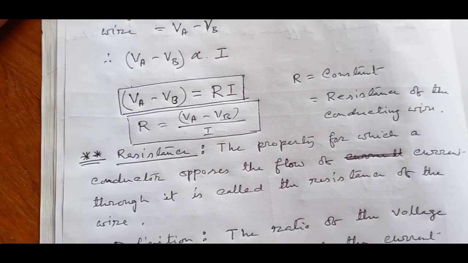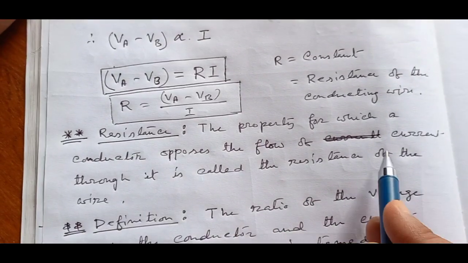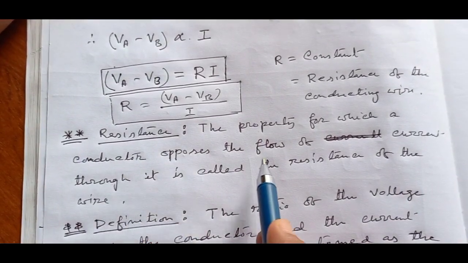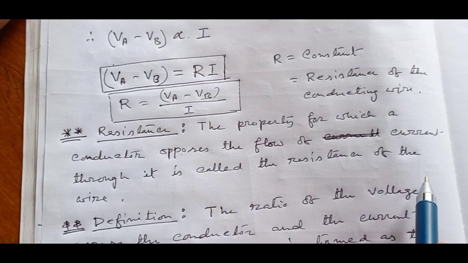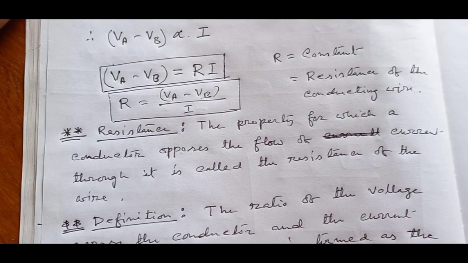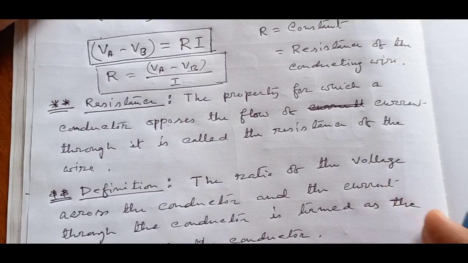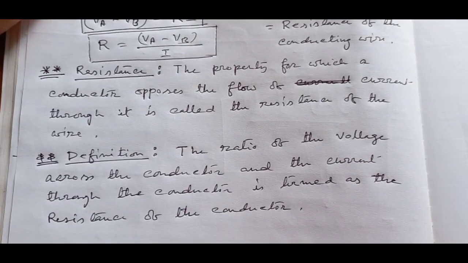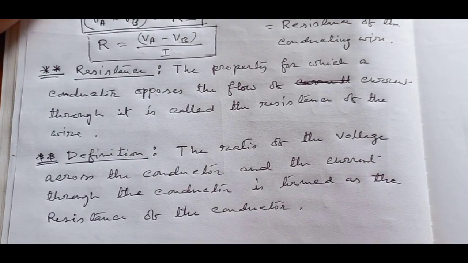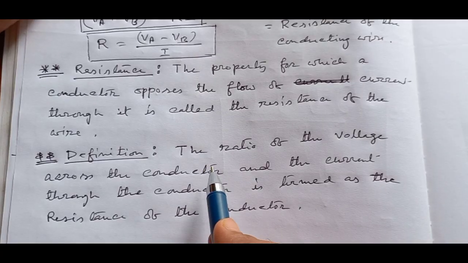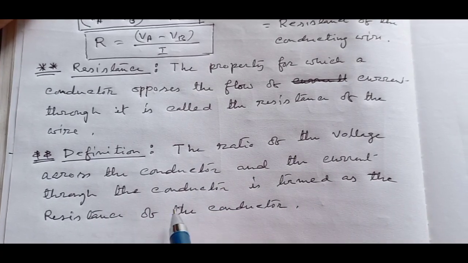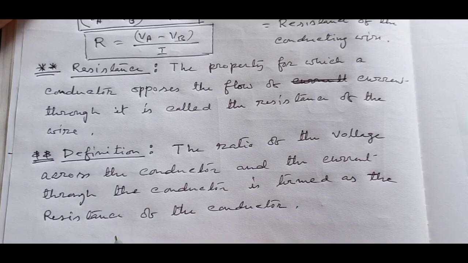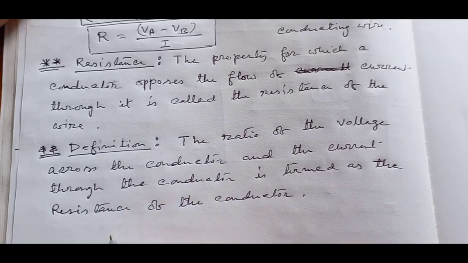Now, what is resistance? The property for which a conductor opposes the flow of current through it is called the resistance of the wire or the conductor. Therefore, the basic definition of resistance is the ratio of the voltage across the conductor and the current through the conductor.